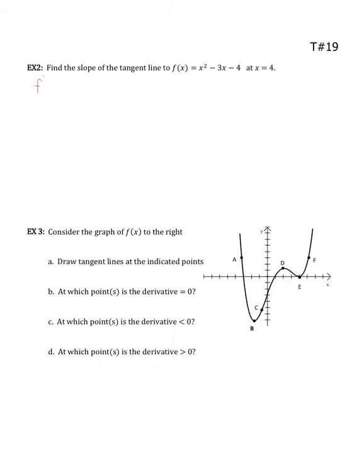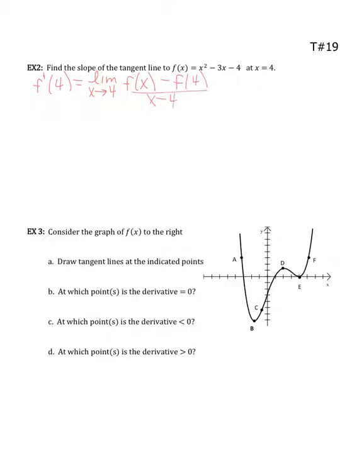F prime of 4 is going to be the limit, please don't forget to write the word limit, as x goes to 4 of f of x minus f of 4 all over x minus 4.